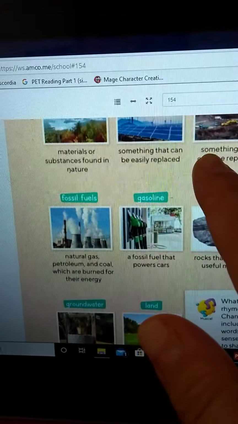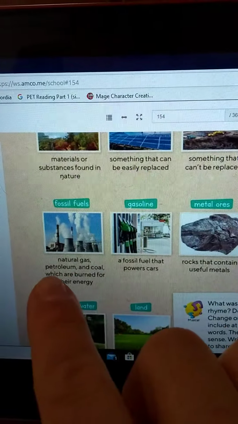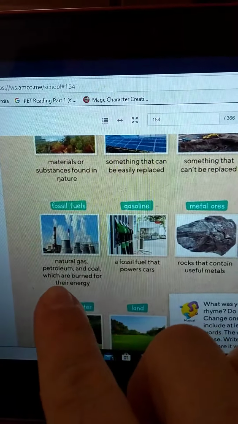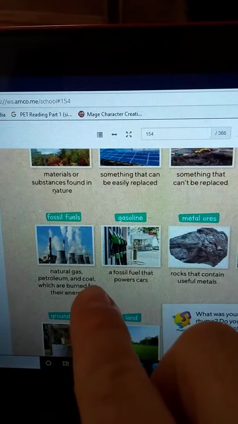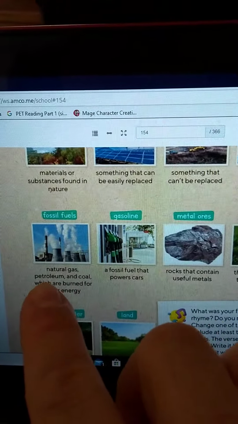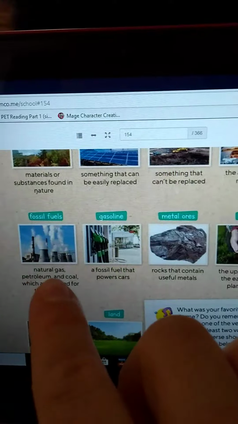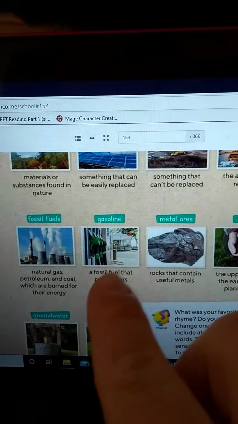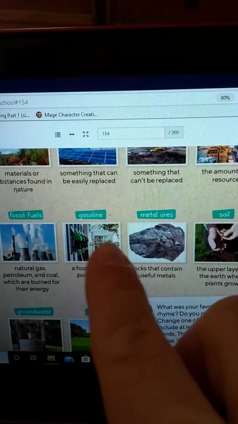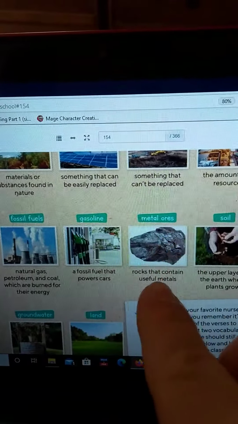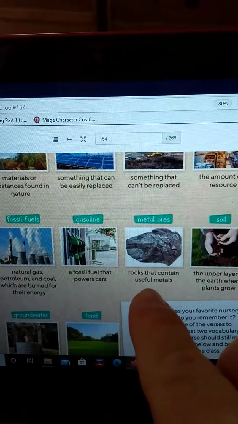Fossil fuels, natural gas, petroleum and coal, which are burned for their energy, okay? Petroleum is the one we use for gasoline and some plastics. Gasoline, a fossil fuel that powers cars. You know what it is. Metal ores, rocks that contain useful metals.